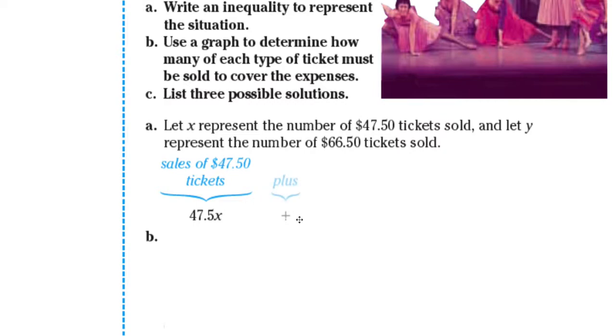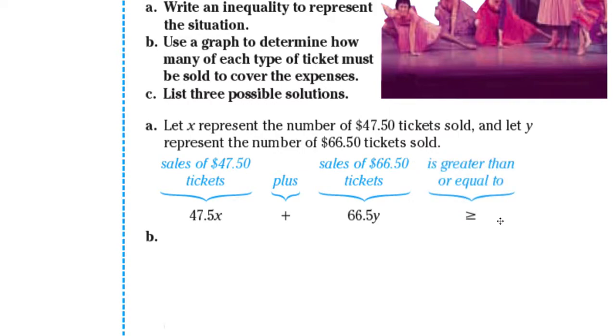And then we add the sales of $66.50 tickets, which is 66.5y. It says there at least. So when you say at least, it should be greater than or equal to, and the amount is 66,500. So that's our inequality.